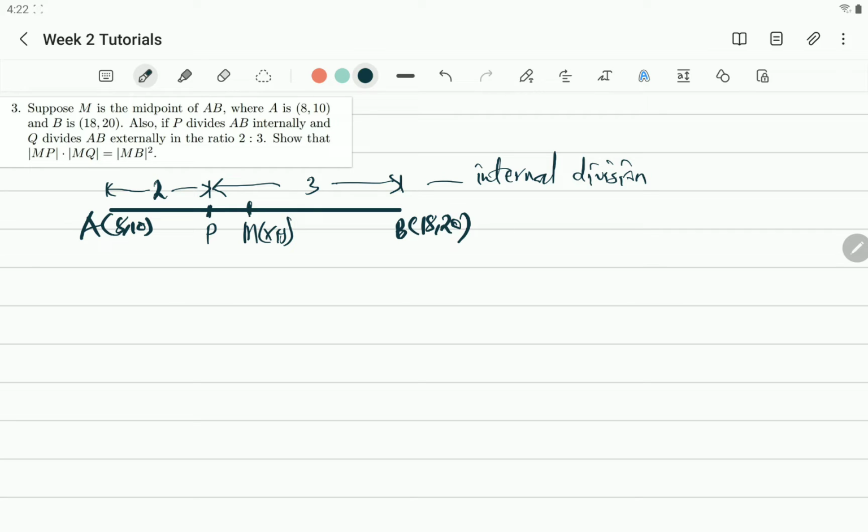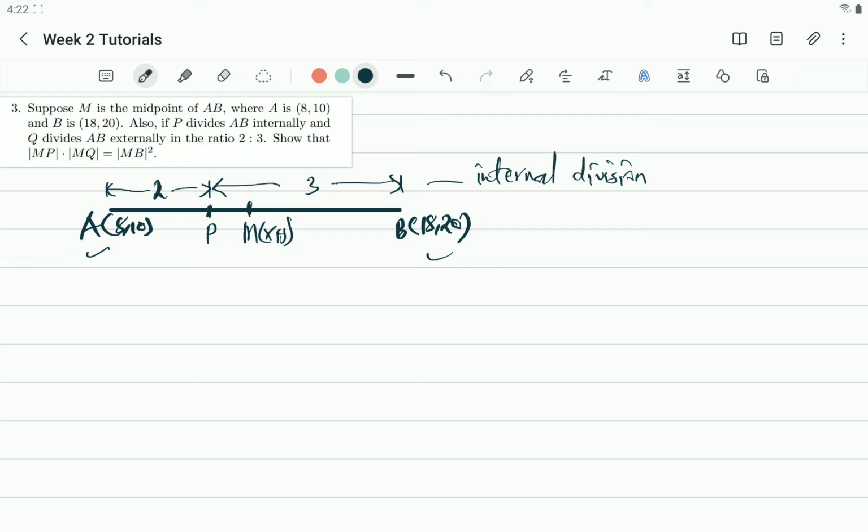Then we are told that Q divides AB externally in the ratio 2:3. So I am to also indicate where Q will be. Remember, when it's about external division, it means that the division occurs outside A and B. So I would have to make sure Q is outside the line AB.